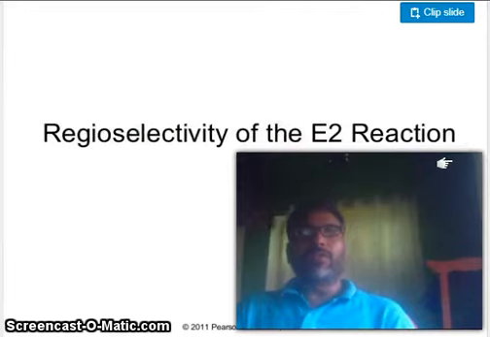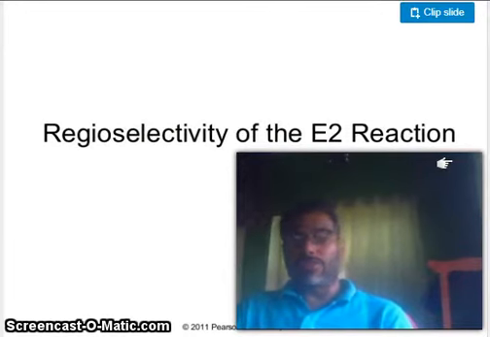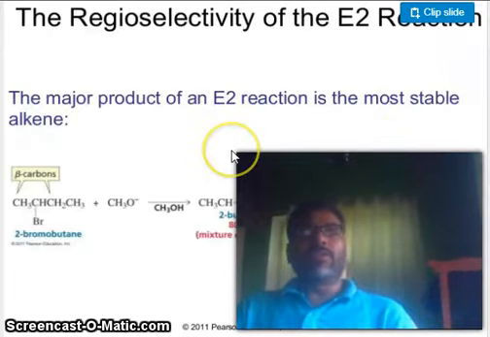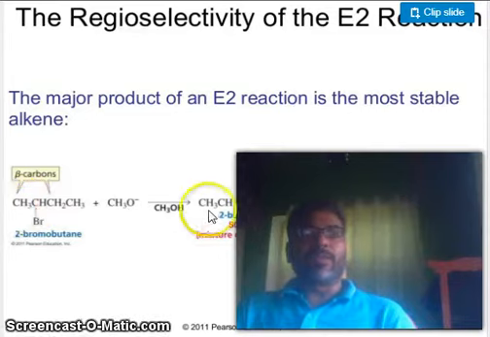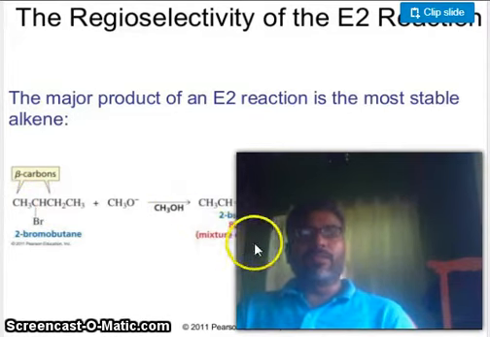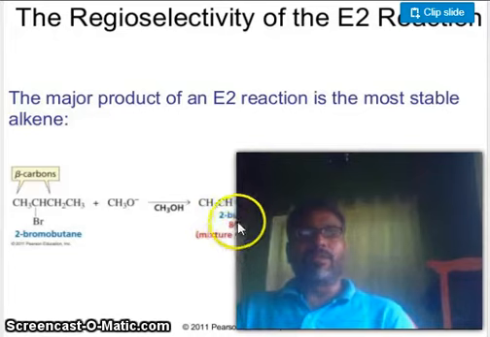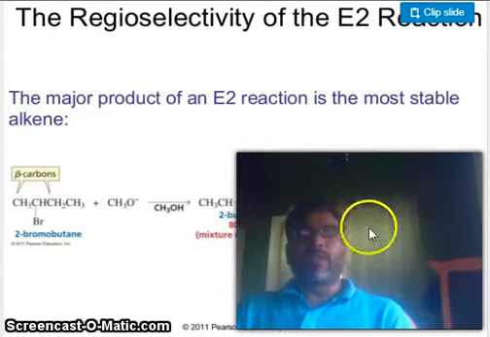Now the selectivity of E2 reactions. The major product of an E2 reaction is the most stable alkene. Look here, the beta carbon, and this is methanol solvent. It gives a mixture of E and Z 2-butene, 80%, and only 20% 1-butene.